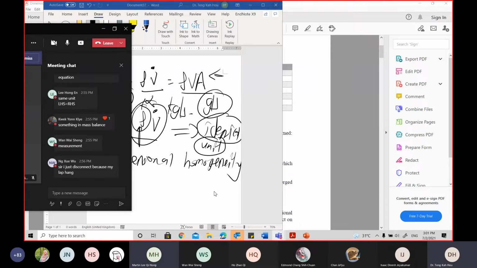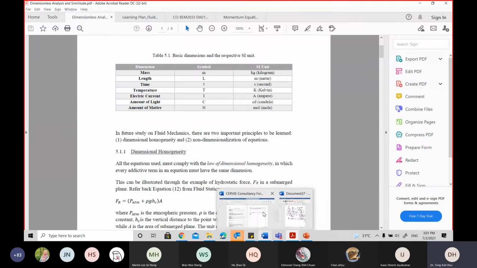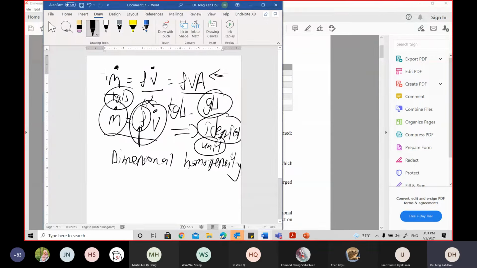Yes. Okay, so do you need me to prove this? I think I don't have to, right? Of course, you know that mass flow rate equals kg per second.